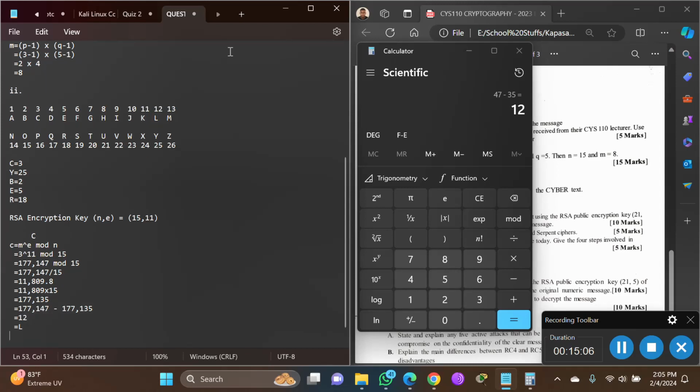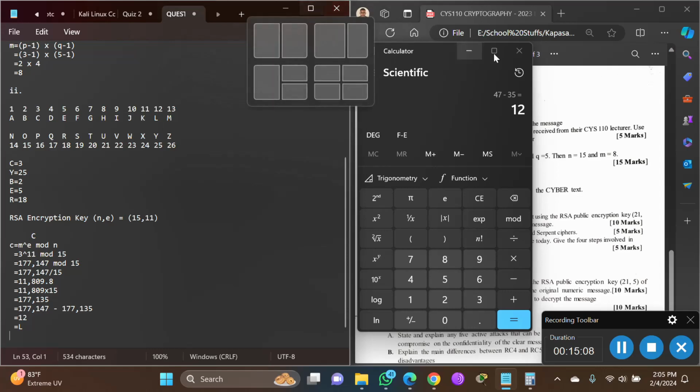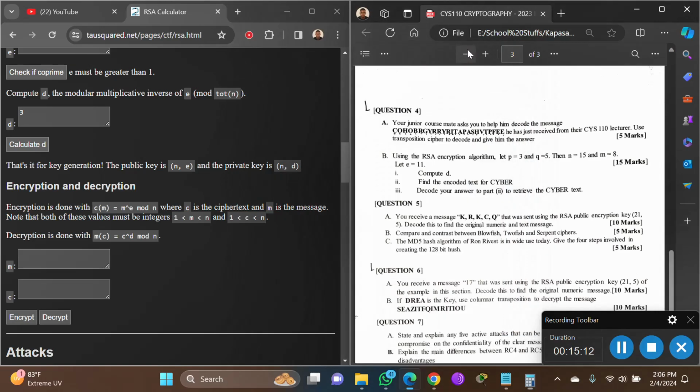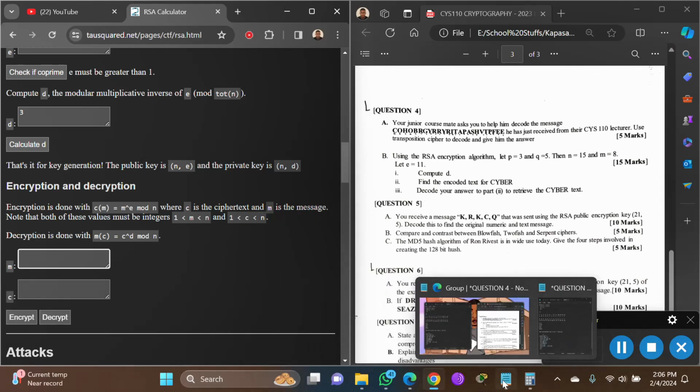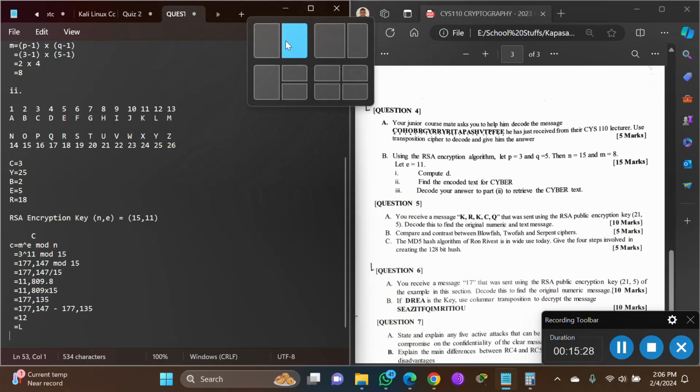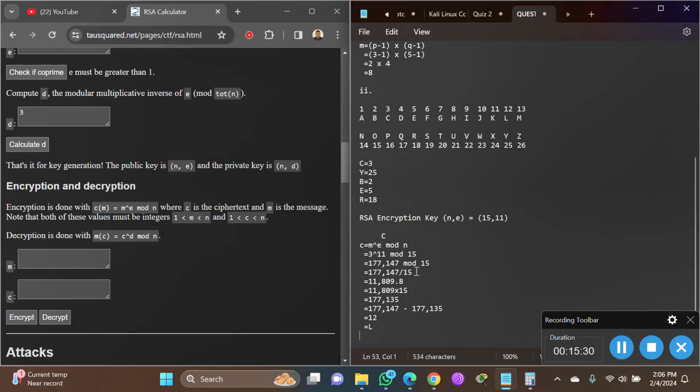So let's do the same using this site. Okay, so they have already computed the formulas for us. So if our M, which is plain text in our case, was C, C was at 3. So let me do this for you guys to confirm. Okay, so as you can see, C is 3.